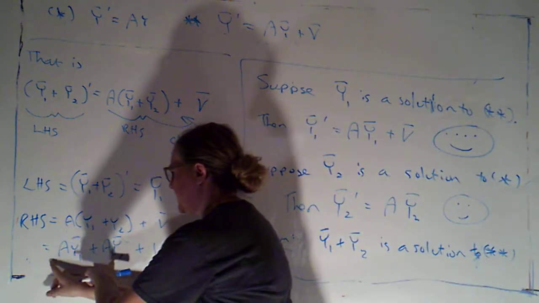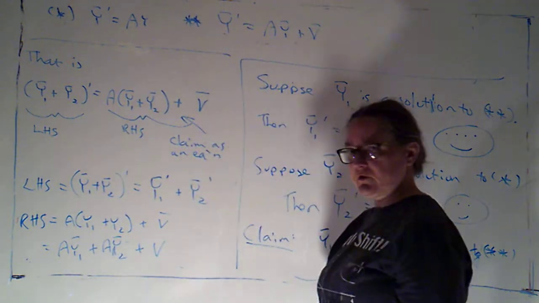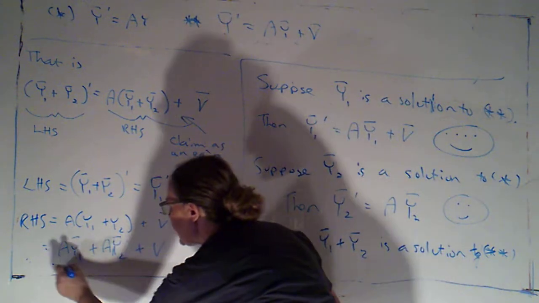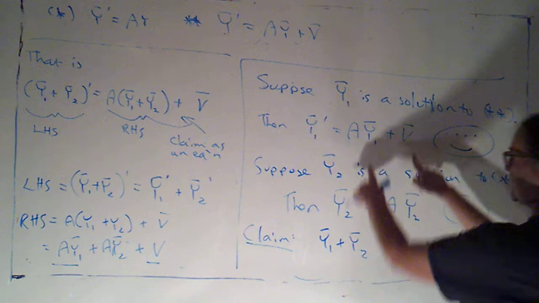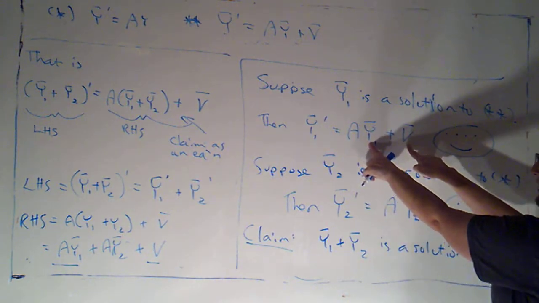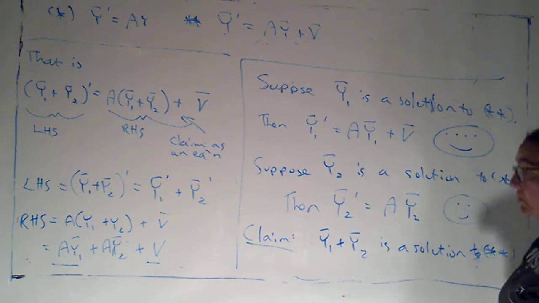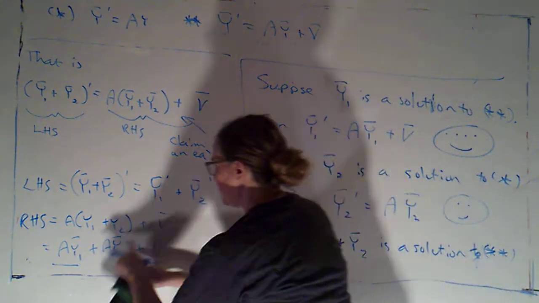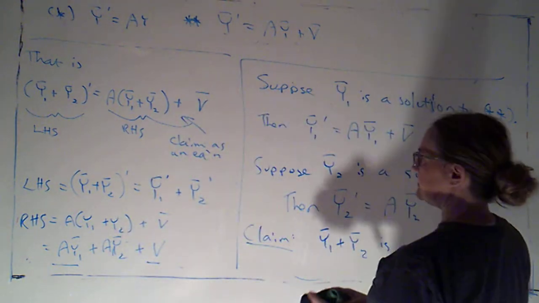So I think I maybe want to switch the order of those two things so that I'm putting a times y1 next to v, because they add up together to give me y1 prime. So actually, let's switch the order of these two.